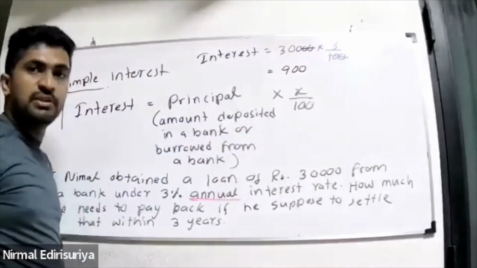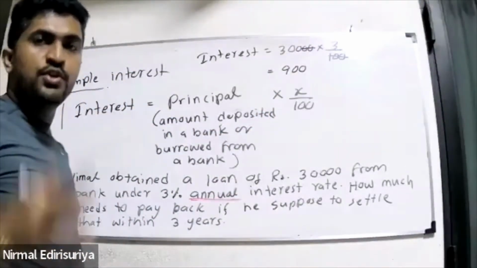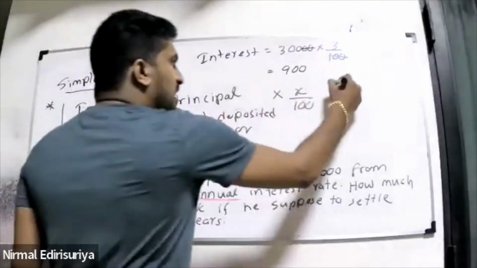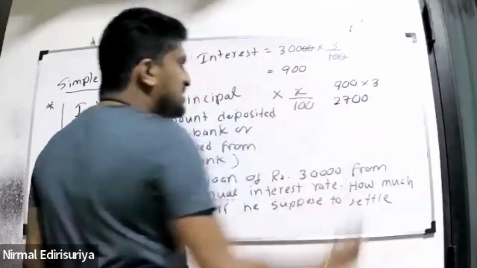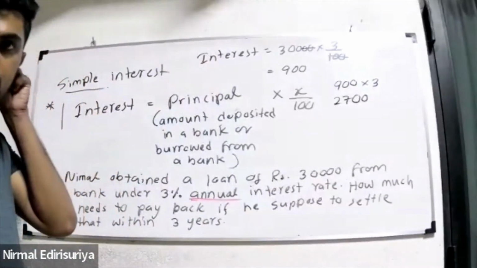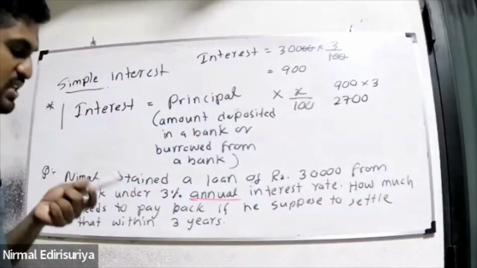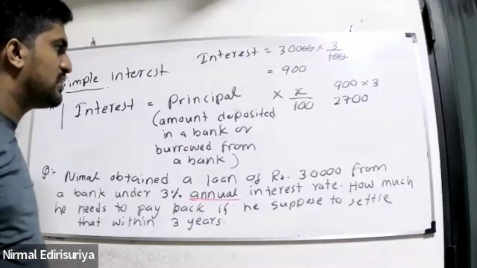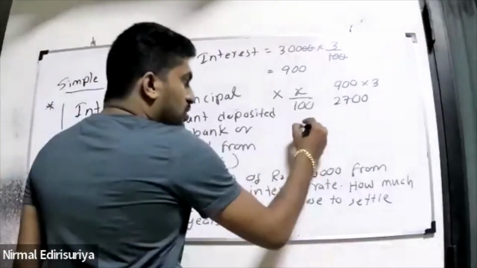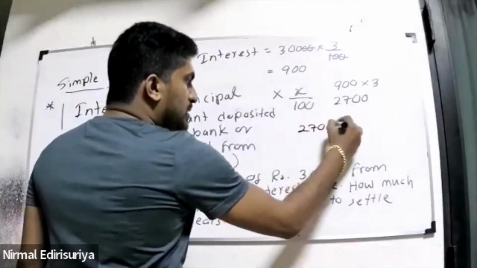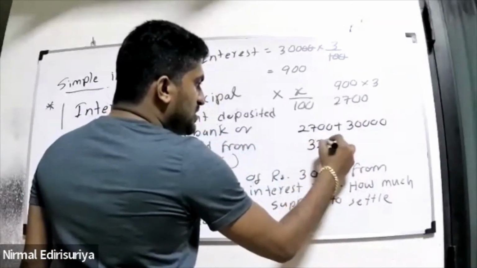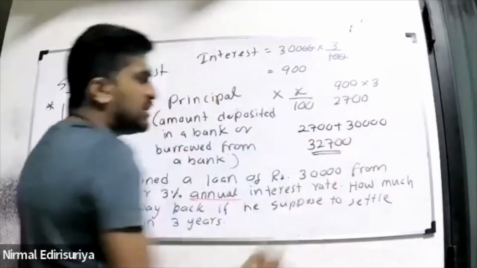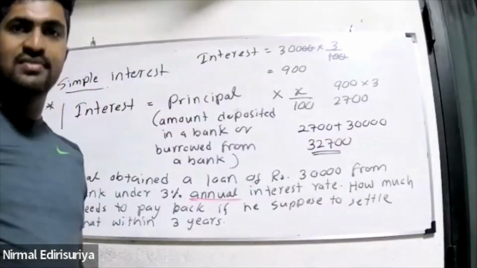Now the 1 year interest is 900. Then what is the 3 year interest? 900 into 3. That means 2,700 is the interest for 3 years. But the total amount is 2,700 plus 30,000. You know, 32,700 is the total amount he needs to pay back to settle the loan.